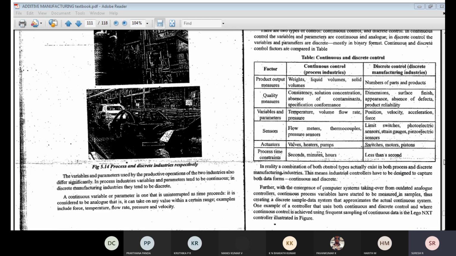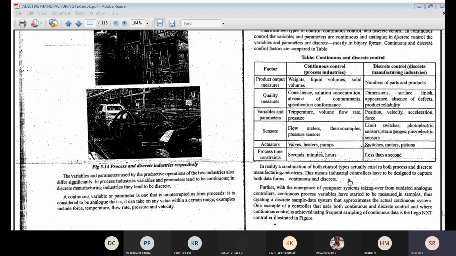This is the continuous and discrete control system; the second is the automated system, the components or elements of the automated system; and the third is the synthesis of nanomaterials with the help of the Sol-Gel process. For the examination, you have to study these concepts well.